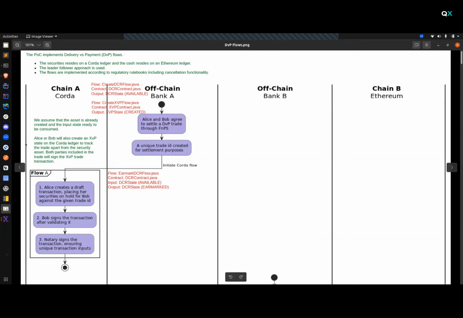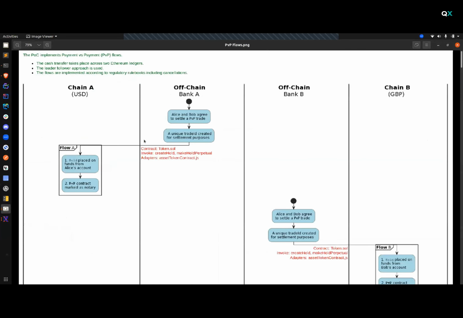For PvP, as Coenie and them already mentioned, we couldn't use any non-deterministic things like hash time locks, or have a scenario where one bank has both assets and you have to rely on legal contracts to somehow remove the hold on your funds.